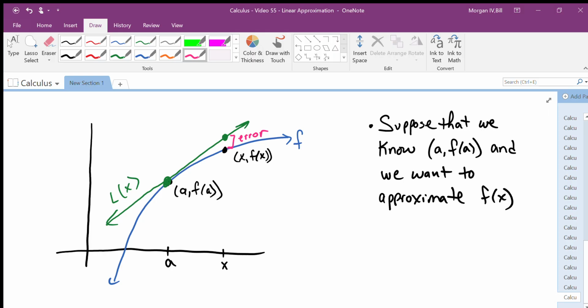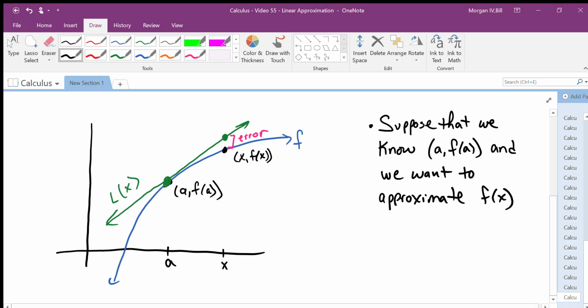One way we can do that, if all we need is an approximation, is to use a line, because the line is one of the most basic polynomials we have, and we could plug the value of x into our line to get that top dot in green right here, and use that as an approximation for what the function value is on the curve. That is the idea of linear approximation. And you might be thinking, well, how could we ever use this? Turns out, and I'll show you either in this video or a subsequent video, how important this idea of linear approximation is.